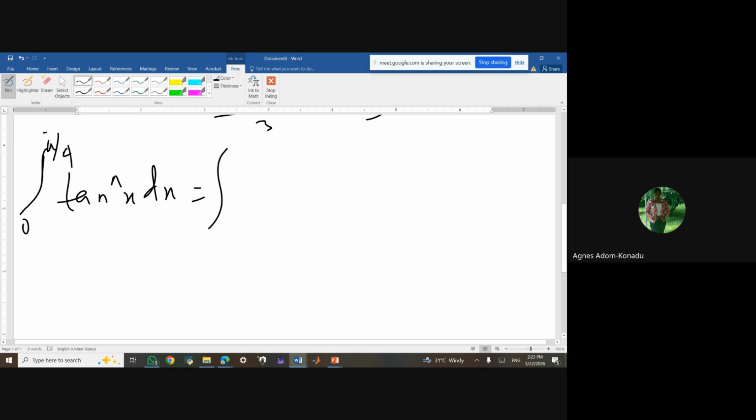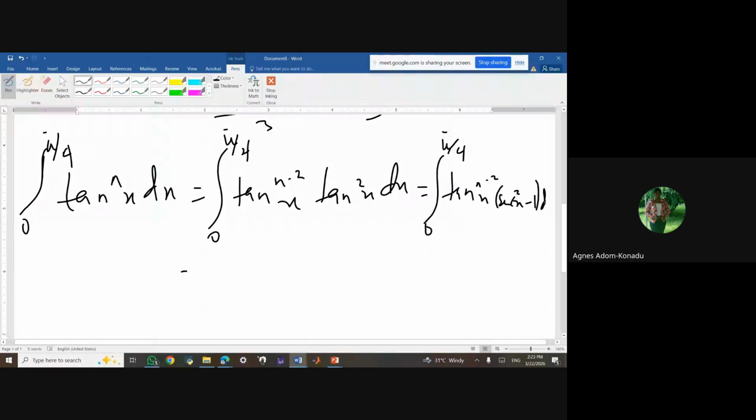And I'm saying this is the same as the integral from 0 to pi on 4 of tan^(n-2) x tan squared x dx. Tan squared x is sec squared x minus 1, so this will multiply this.